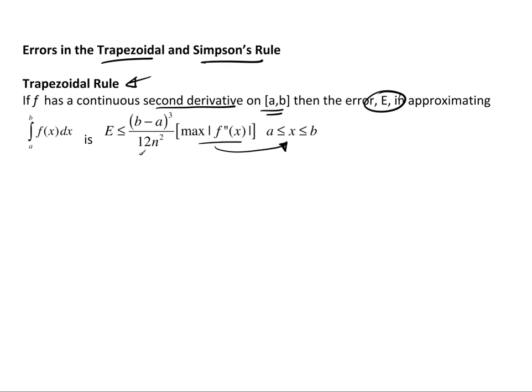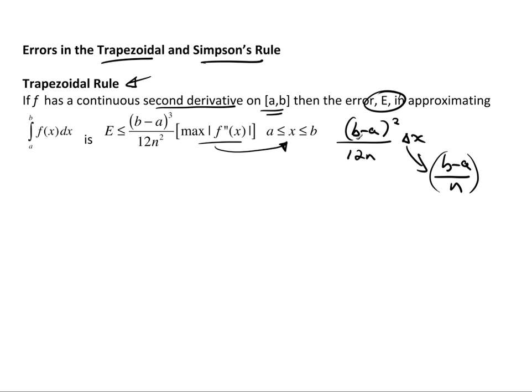Now, there's a couple of different ways you can write this piece right here. Clearly, I could write this as (b minus a) squared over, let's say, 12n times delta x. Because remember, delta x is (b minus a) over n.